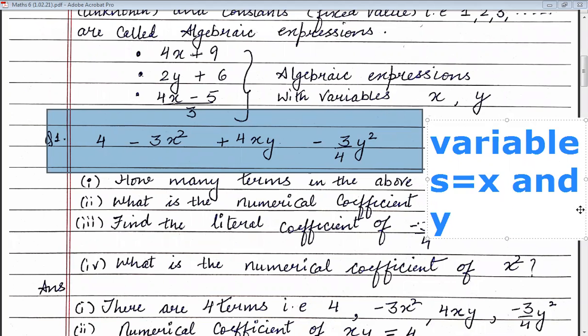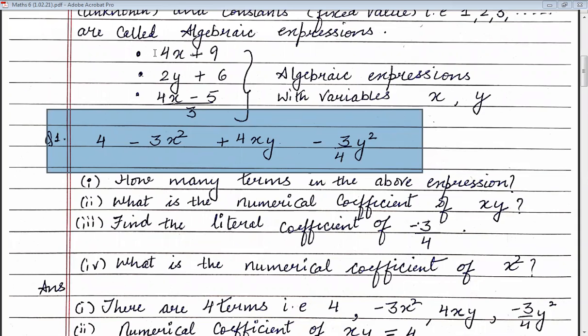Now let's see what they have asked in this question. Let's read the algebraic expression first. Your algebraic expression is 4 minus 3x square plus 4xy minus 3 upon 4 y square.